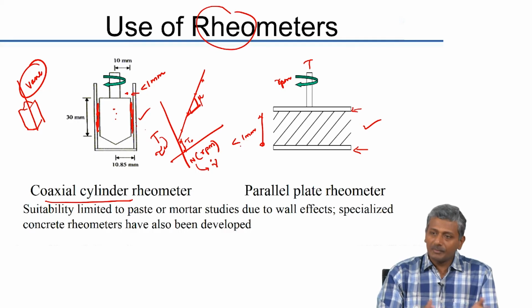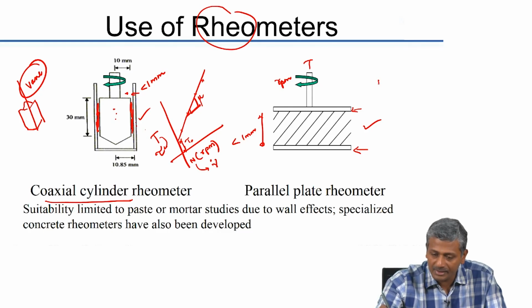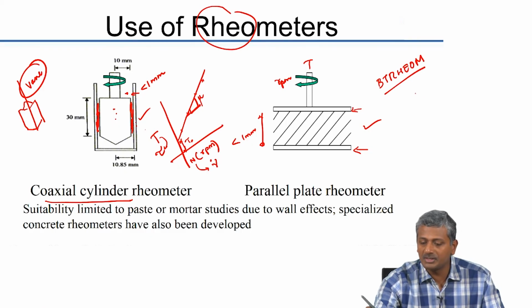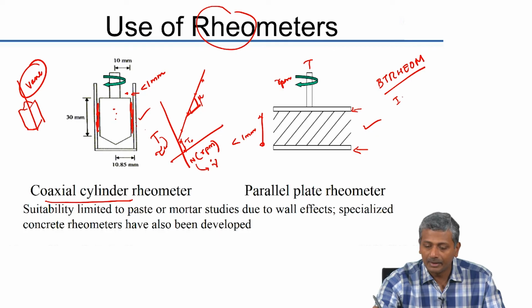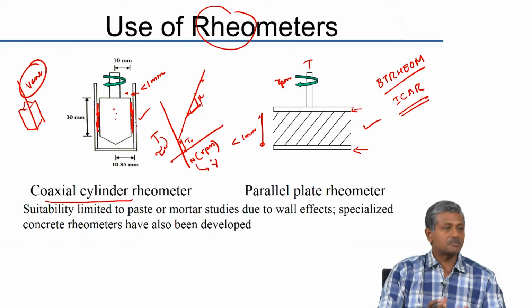Okay. There have been other developments around the world. I have not really indicated which rheometers are available around the world. You can search the net; there are some which you can find quite easily and get some information on. One is called a BT rheom, a concrete rheometer, and there is an ICAR rheometer. There are several different types of rheometers sold by very specific manufacturers.